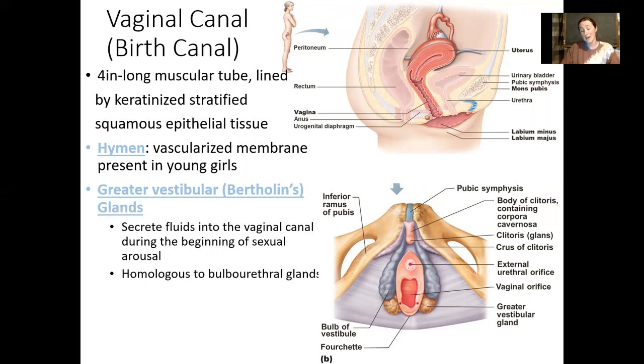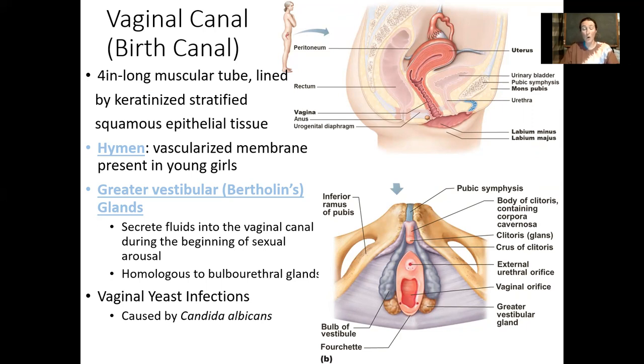And so in females, those glands instead develop into the greater vestibular glands, also called Bartholin's glands. And these are also going to secrete lubricating fluid into the vaginal canal. And so those would be here.